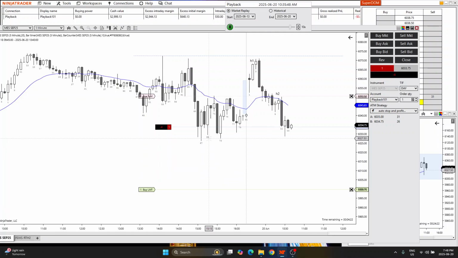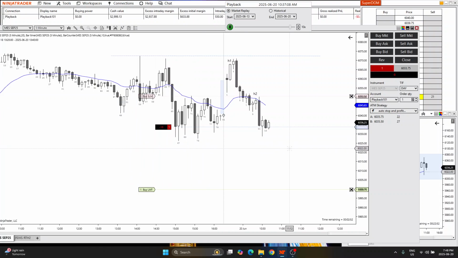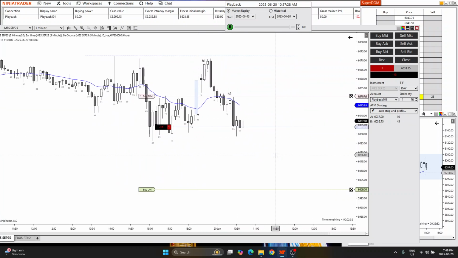Sad part is we are at the trading range bottom of yesterday, so price might reverse back. But this big bear bar's leg 2 should be there.